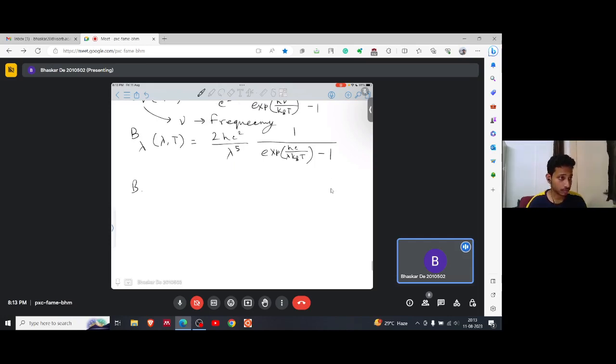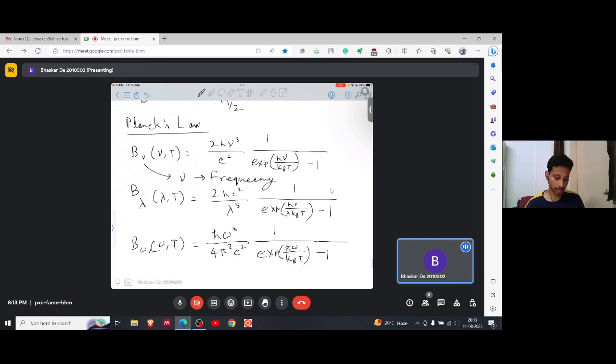Again in terms of omega, we have h bar omega cubed by 4 pi cubed c squared, times 1 by exponential of h bar omega by kBT minus 1.